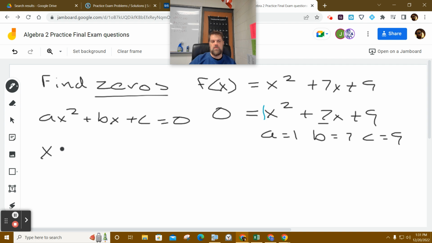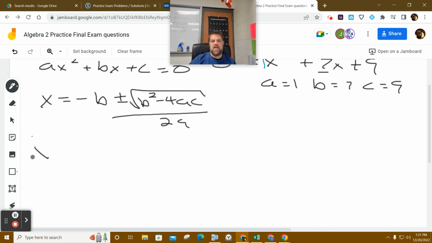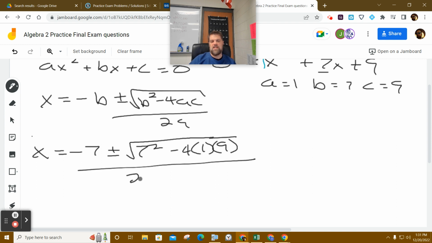So I start over. x equals -b plus or minus the square root of b squared minus 4ac all over 2a. Plug and chug. I'm going to say x is equal to -b, which is 7, plus or minus the square root of 7 squared minus 4 times a, which is 1, times c, which is 9, all over 2 times a.